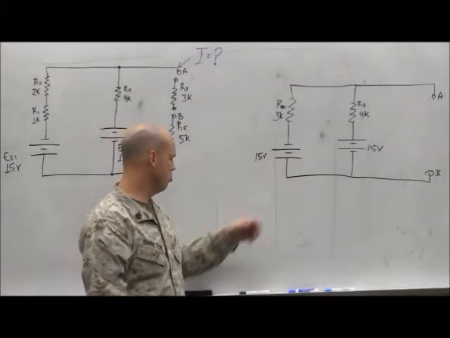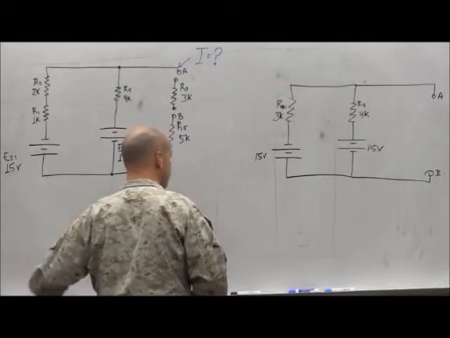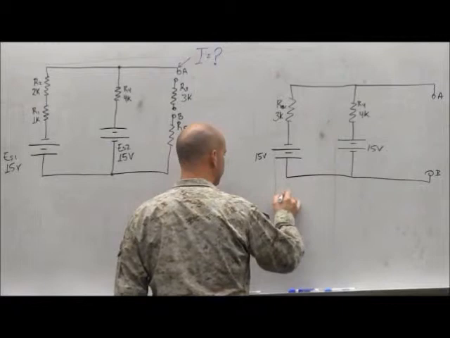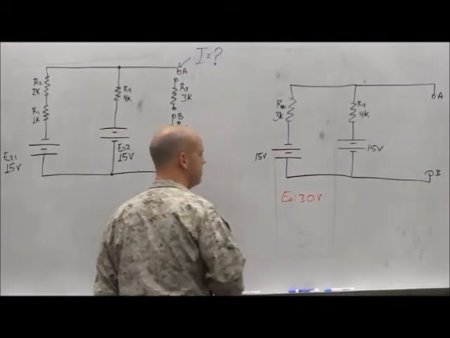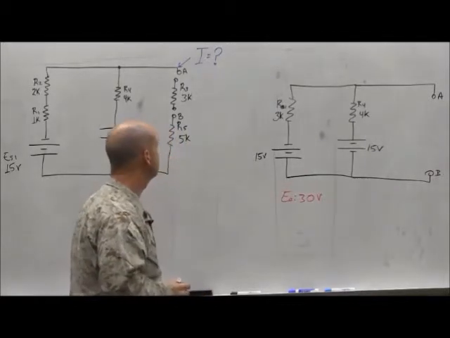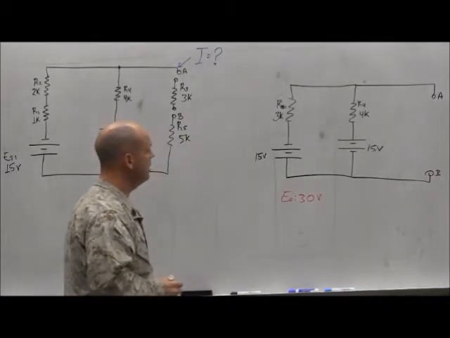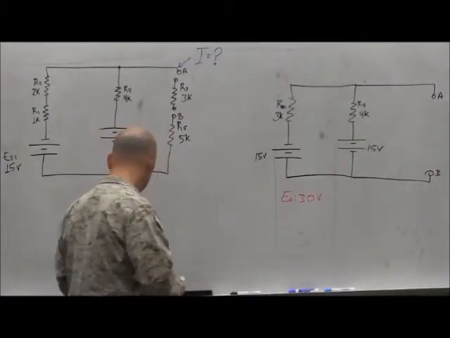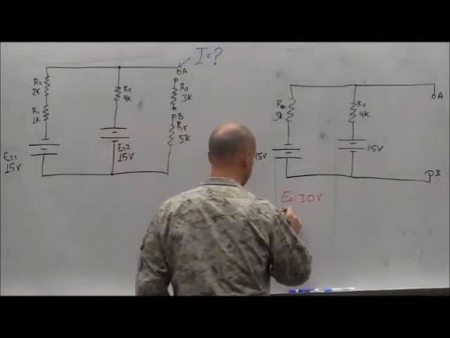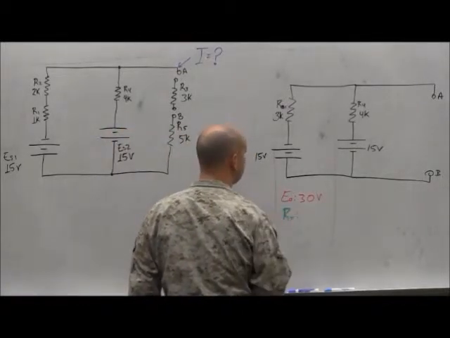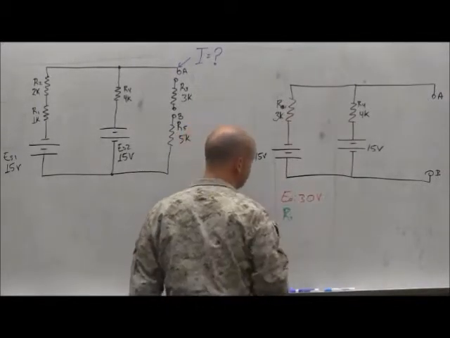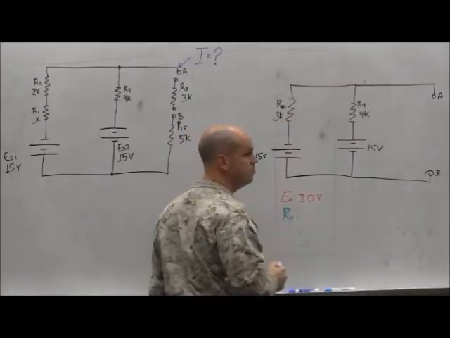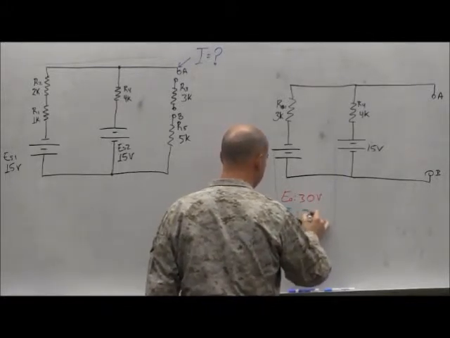Nevertheless, what is my total voltage applied here? My EA, 30 volts. Okay. EA is 30 volts. What's my total resistance? What's the resistance around the loop? 7K.